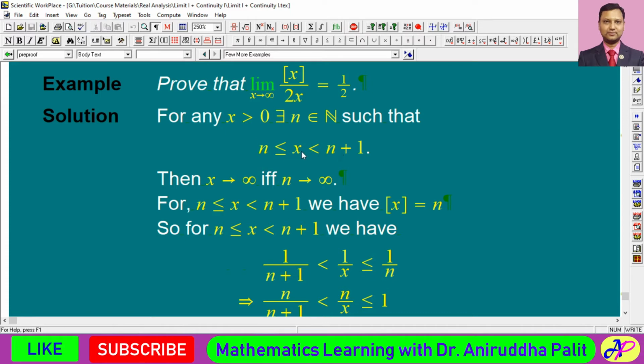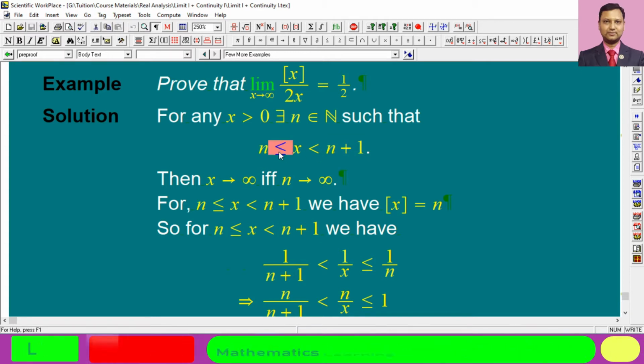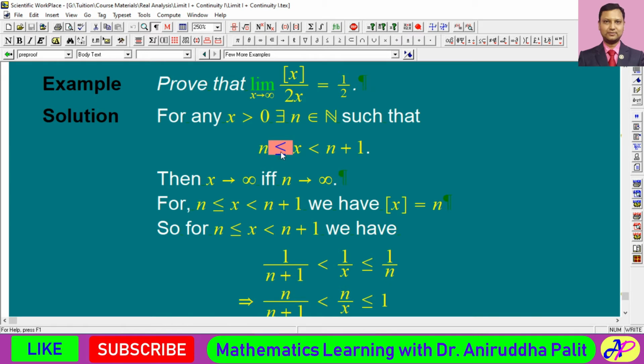For example, suppose x is equal to 11.5. Then n is equal to 11, and n plus 1 is equal to 12. Remember, less than or equal to means either the strict inequality holds or equality may hold.